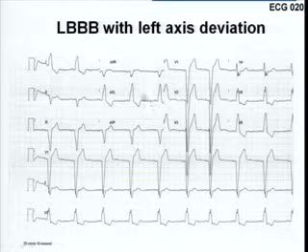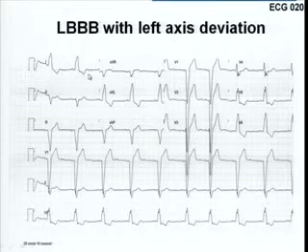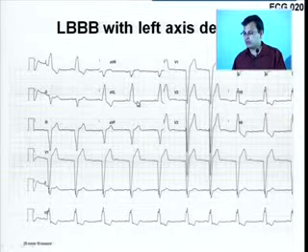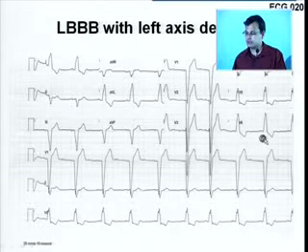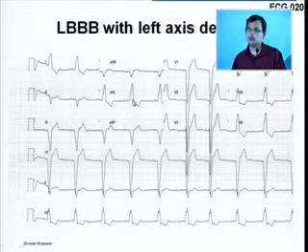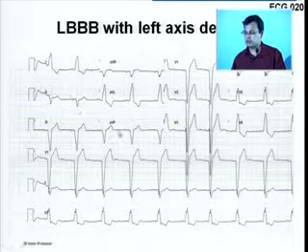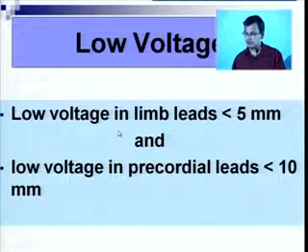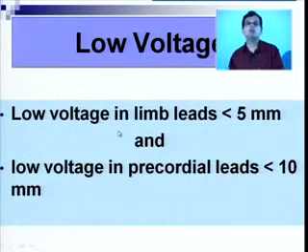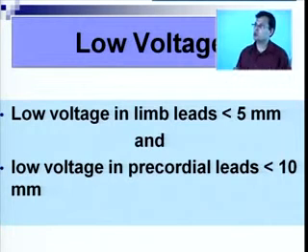In case of LBBB with left axis, you will have a broad QRS in lead 1, AVL, V5 and V6 along with T wave inversions, and there is a prominent QRS in lead AVL compared to all other leads, confirming left axis deviation.